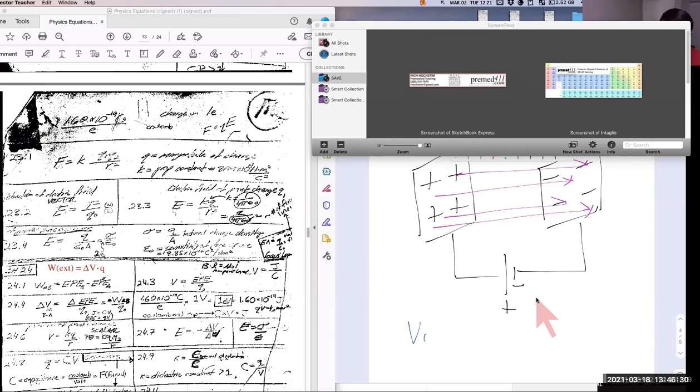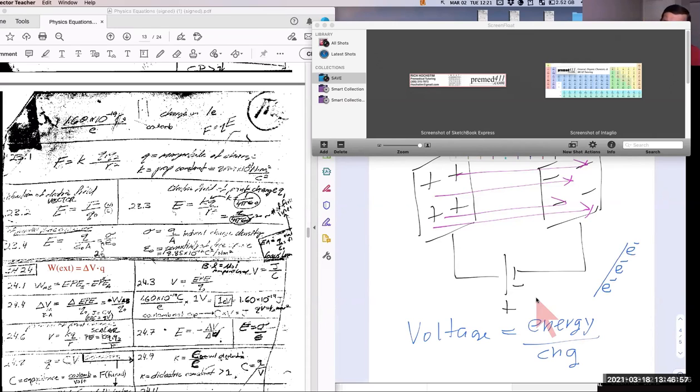Okay, so voltage. Voltage is going to be the energy per unit charge. What this means is that if we have a wire and there's an electron in that wire, each electron has so much energy per unit charge.